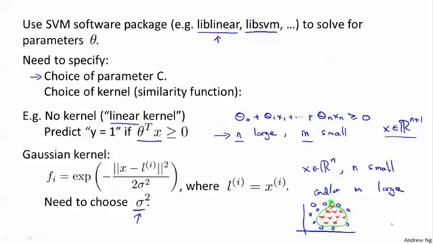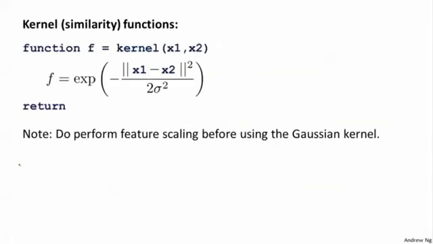But concretely, if you decide to use a Gaussian kernel, then here's what you need to do. Depending on what support vector machine software package you use, it may ask you to implement a kernel function, or to implement the similarity function. So if you're using an Octave or MATLAB implementation of an SVM, it may ask you to provide a function to compute a particular feature of the kernel. So this is really computing f subscript i for one particular value of i, where f here is just a single real number, right?